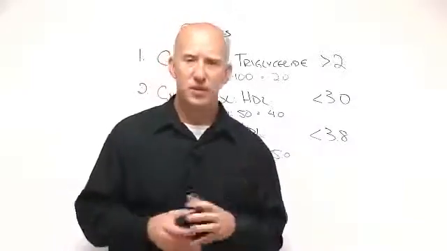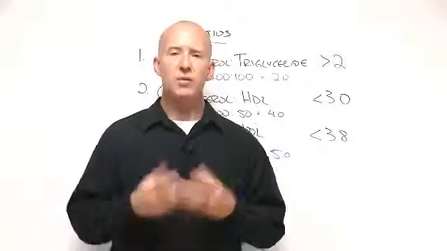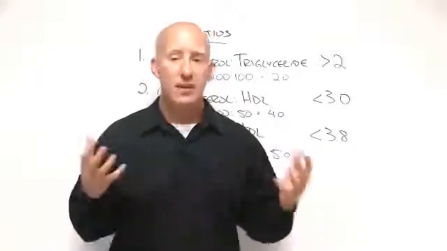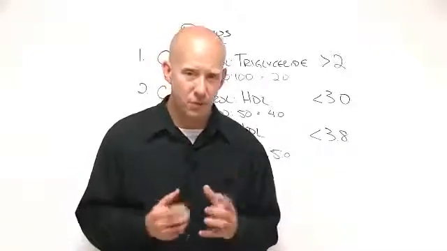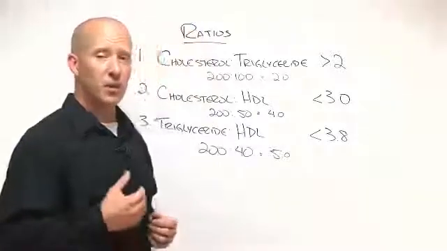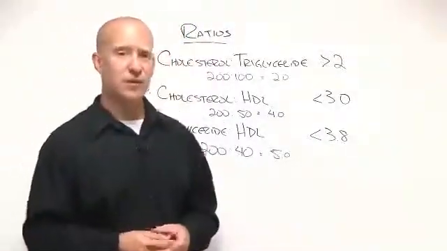So with this particular very basic panel, knowing what you now know, you can really evaluate somebody's risk for cardiovascular disease. And yes, there are even a few markers that aren't on this panel, but what you have is great. For example, if the apolipoprotein is high, that person's at risk for cardiovascular disease.